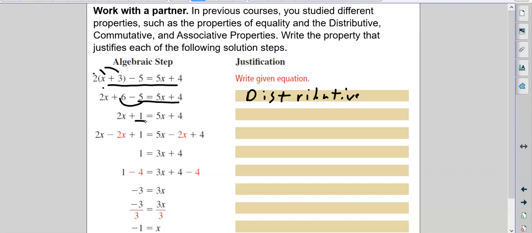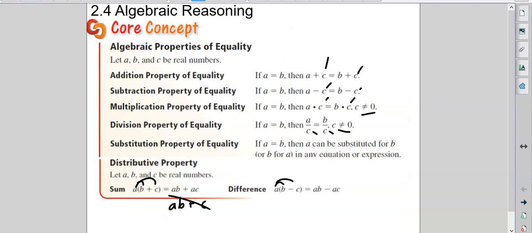So there we combine like terms. Now, notice we subtracted 2x here and we subtracted 2x here. Well, that's what we just talked about in the previous page with the subtraction property of equality.